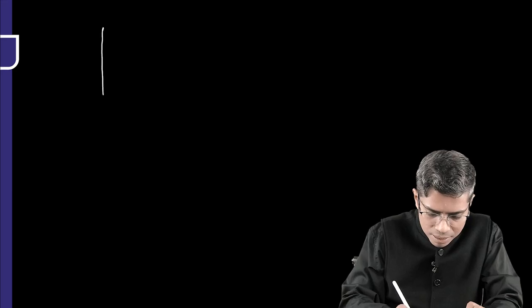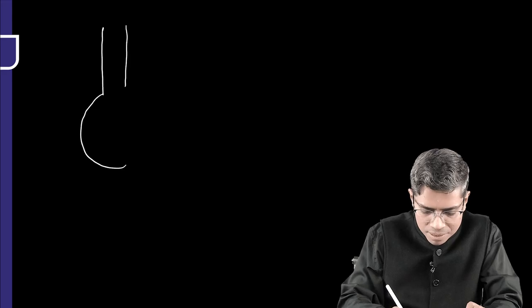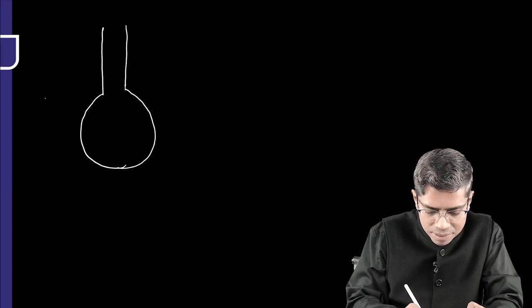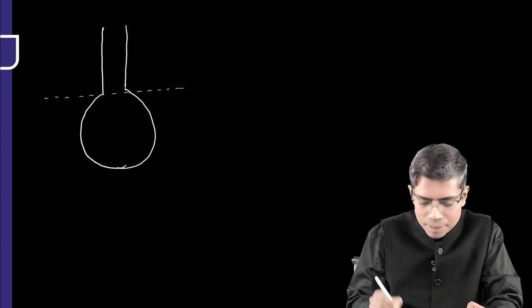Inspiratory gas means the gas which has already entered your lung. We are going to discuss that. So this is the conducting zone of the lung, and this is the alveolus, the exchange zone of the lung. This is a schematic diagram.